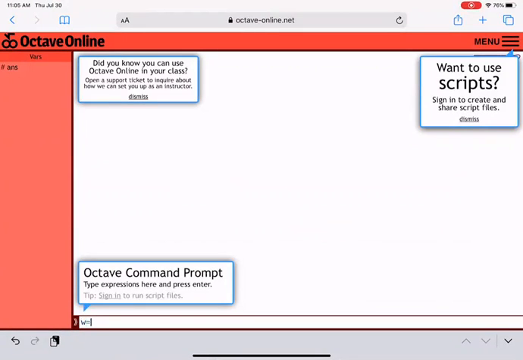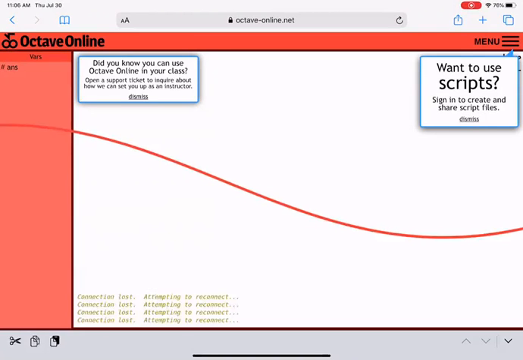W equals now 1, 1, 1, 0, 1, negative 1, 0, 1, 1, 1, negative 1, 0, 1, negative 1, 0, negative 1.